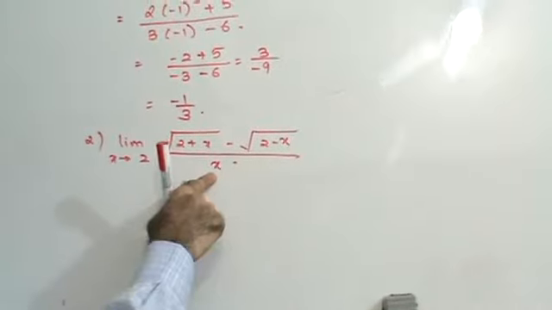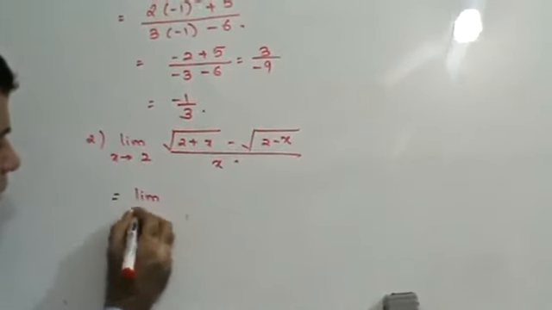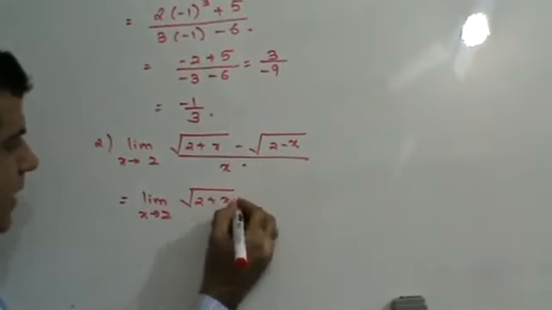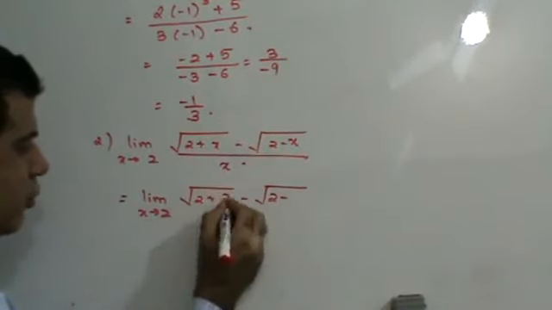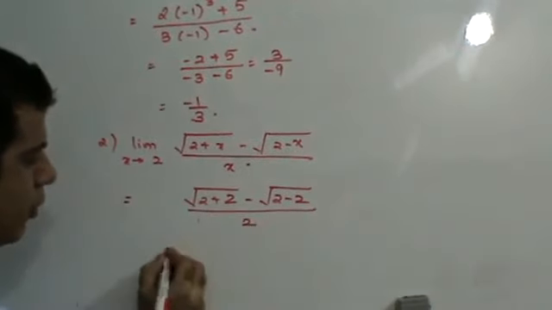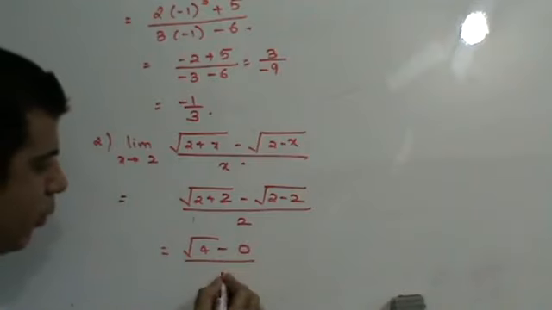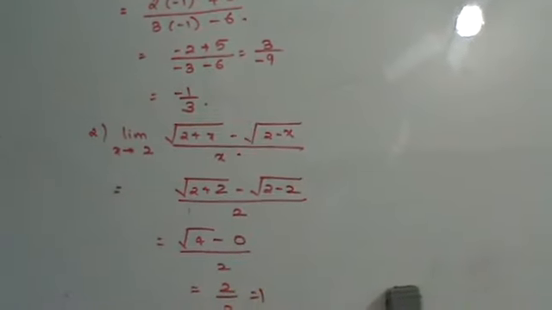Here, if I substitute x as 2, the denominator will not be 0. So limit of x tends to 2, this will be (root of 2 plus 2 minus root of 2 minus 2) upon 2, which is (square root of 4 minus 0) upon 2, 2 upon 2, which is 1.